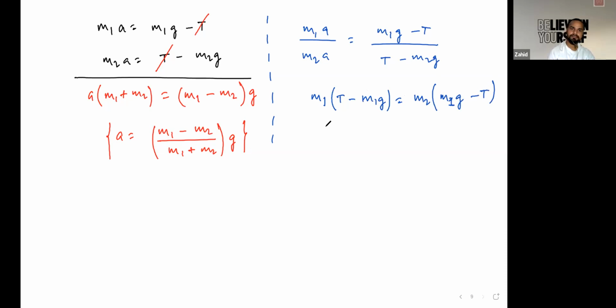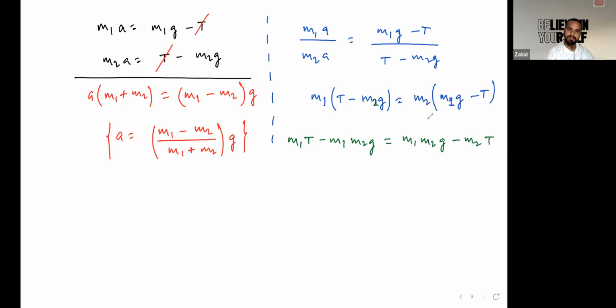Now expand it. M1 times T minus, I think it would be M2. M1 M2G is equals to M1 M2G minus M2 times T.